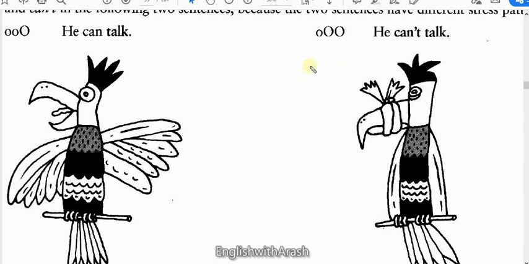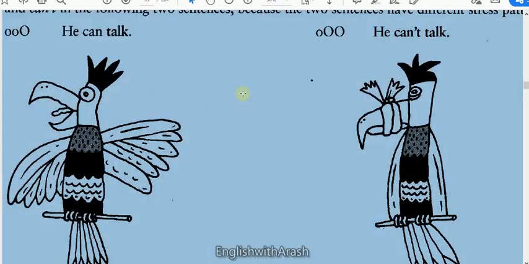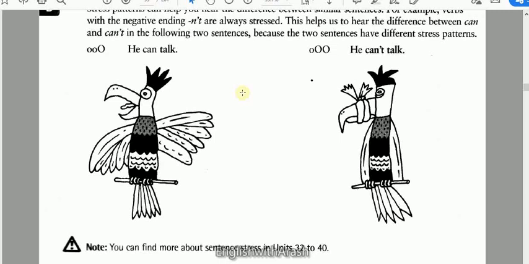Let me see. I have to zoom out a bit so you can see that better. Okay. He can talk and he can't talk. Look at the stress pattern. He can talk.